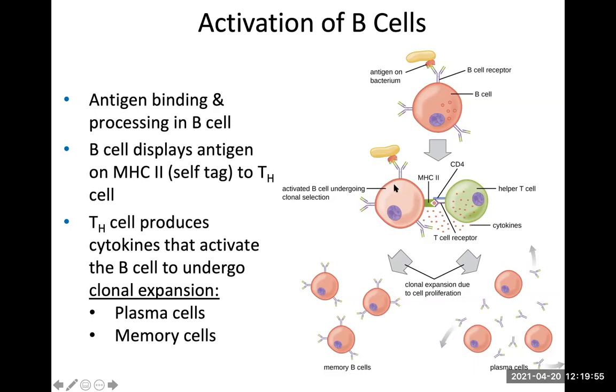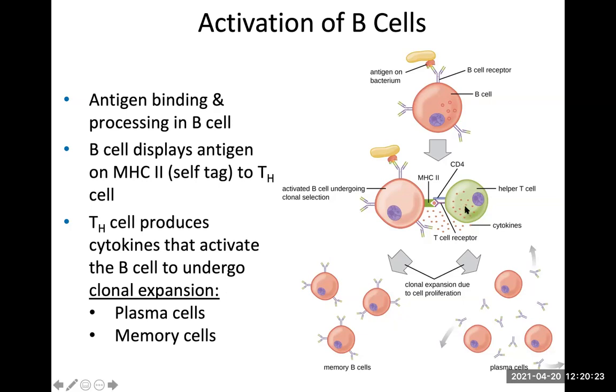So remember, all the white blood cells, immune cells, have MHC class 2 receptors, which are the self tag, saying that I'm an immune cell, okay? And then it displays the antigen from the pathogen, just a part of it, on that tag, saying, hey, I'm an immune cell and I have detected an antigen. Please give me permission to do my job.